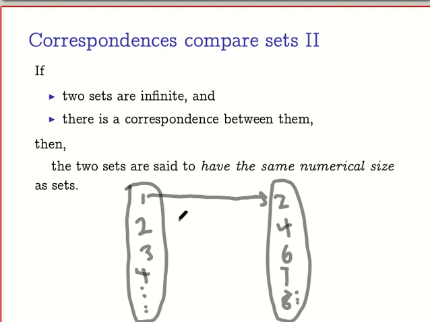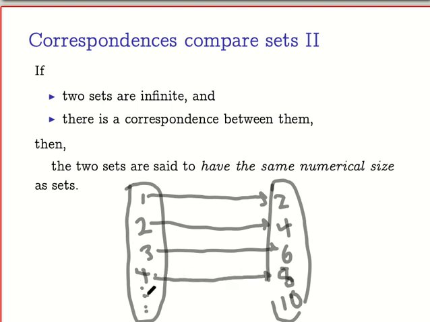So 2 times 1 is 2, 2 times 2 is 4, 2 times 3 is 6, 2 times 4 is 8, and 5 over here is going to be 2 times 5 is 10.